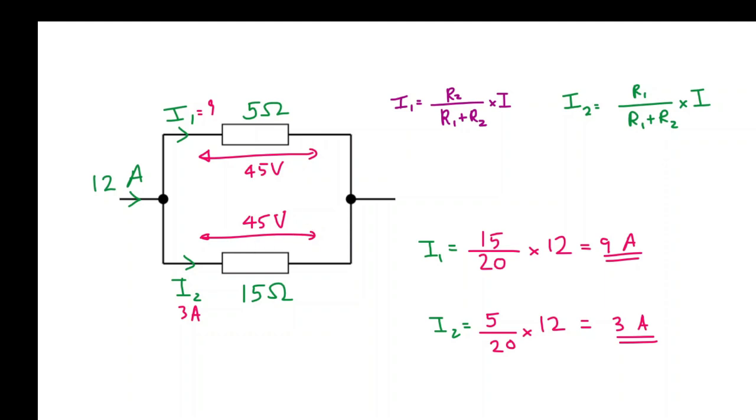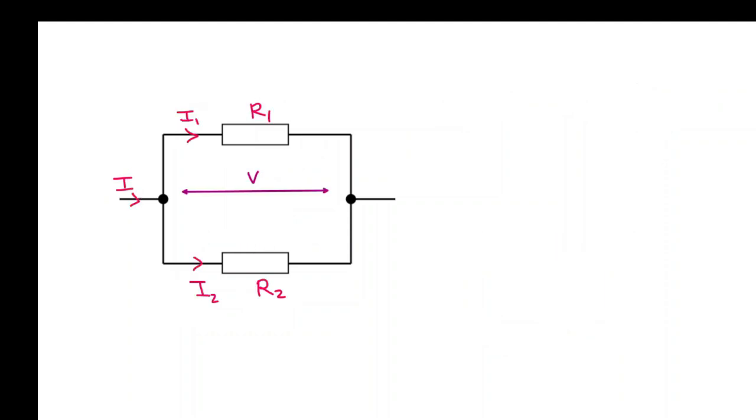Now, if you wonder where this result comes from, here's how you actually theoretically prove it. Now, we know for the top branch, V is equal to I1 R1. Similarly, for the bottom branch, V is equal to I2 R2, but it's the same voltage.